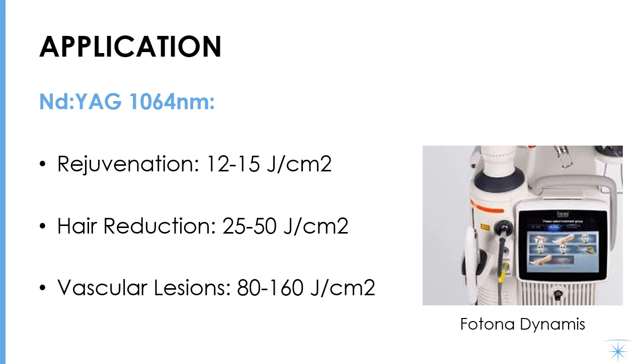If you are using the Nd:YAG for treating vascular lesions, then the fluence can go up to 160 joule per centimeter square, because here the effect is photocoagulation, photothermal, and we'd like to achieve some coagulation of the blood vessels, and that's why we have to use higher fluence. So again, the fluence is going to be changing according to what exactly we need to achieve and what is the application we are using the laser for.